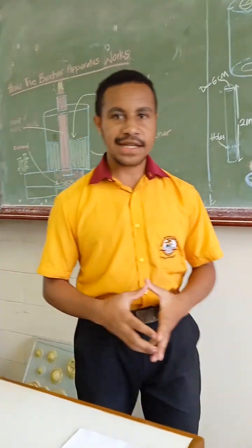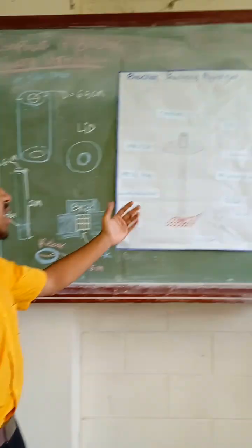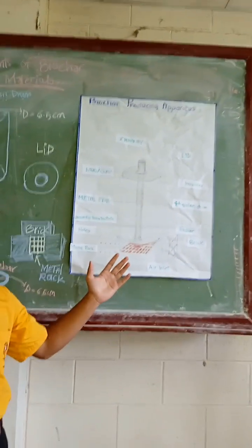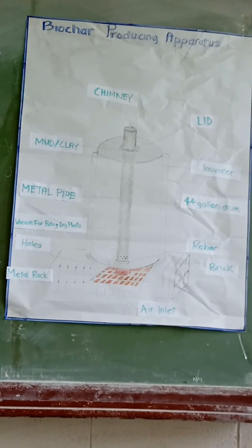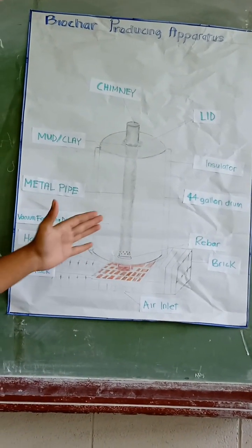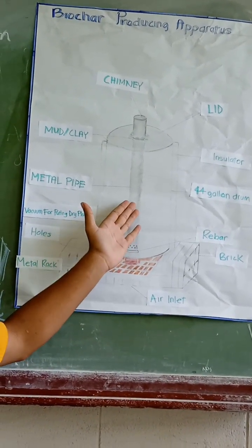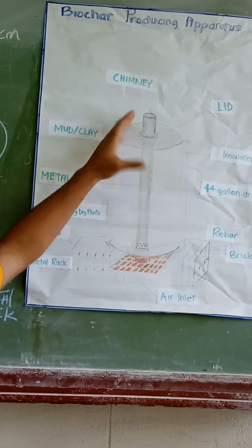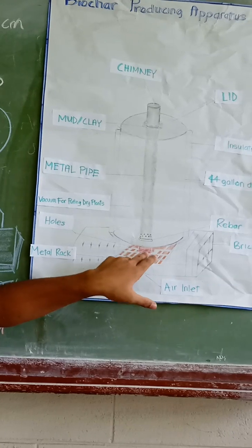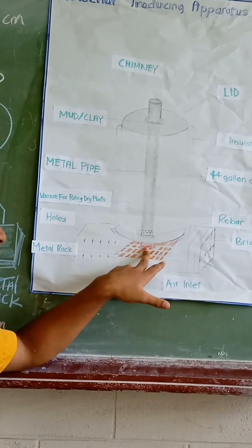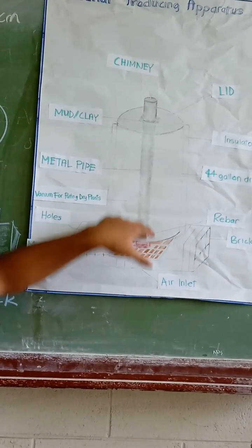Firstly, this is the schematic diagram of the biochar producing chamber. As you can see, the design has a chimney, a metal pipe that can be used as both the chimney, and its base can be connected to the bottom of the drum to channel the heat through the drum.